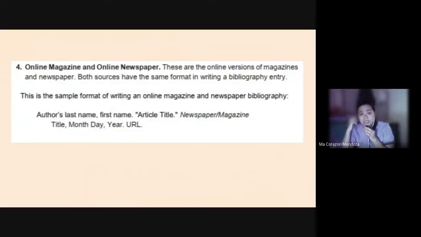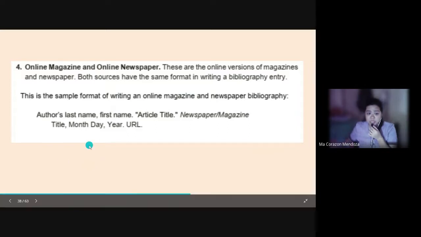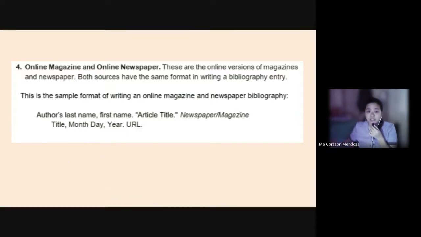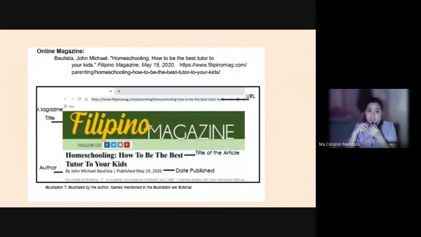Next, online magazine and or online newspaper. These are online versions of magazines. It's just the same magazine and newspaper that are printed. The only difference is these are found online. So both sources have the same format. Here's what you'll follow: author's last name, first name, period, article title, period inside the quotations, newspaper or magazine title, comma, month, day, year, period, and then the URL.